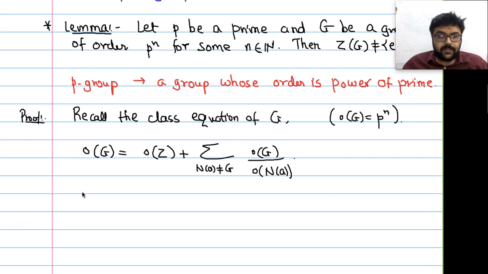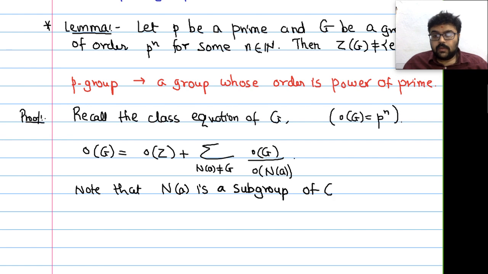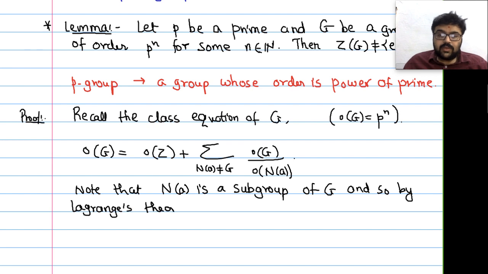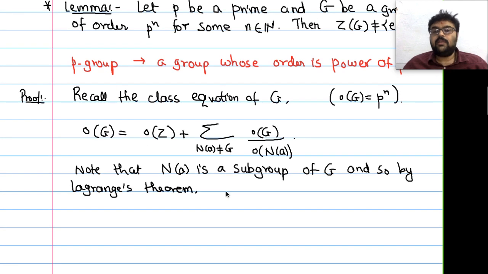Again, let me say. Note that N_A, the normalizer of A, is a subgroup of G. So by Lagrange's theorem, which is not necessary to mention but I am mentioning, the order of N_A divides the order of G. It is understood that the order of N_A is some power of the prime.